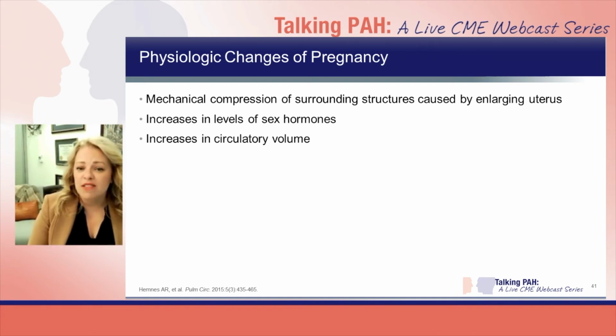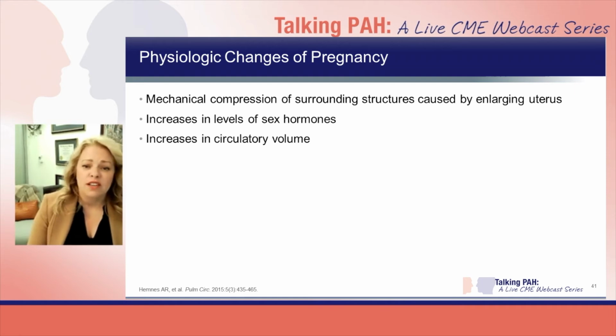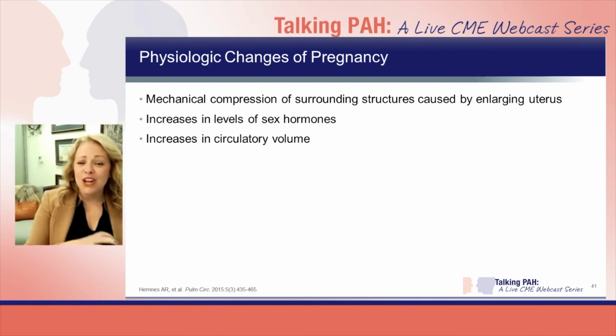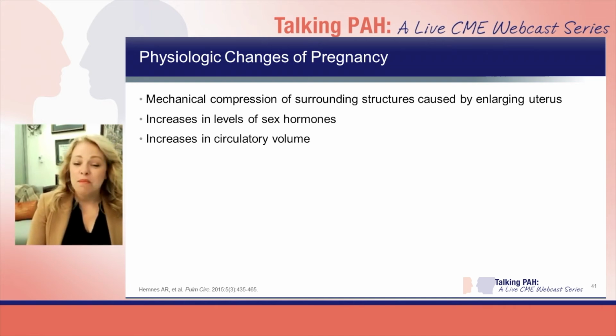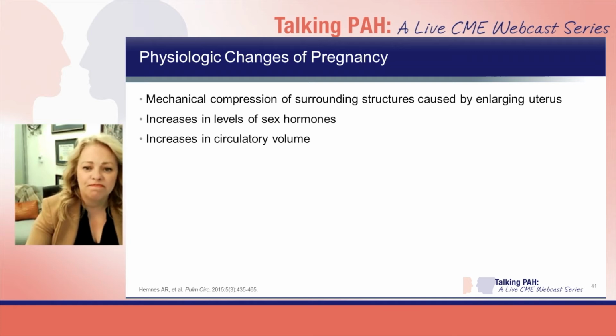There are also increased levels in sex hormones, which change the environment regarding certainly coagulation and other things, and it increases in circulatory volume. You hear us in all of our lectures about PAH talk about keeping our patients on the low end of euvolemia because the right heart tolerates that better, but that is not going to happen in a pregnant patient because that blood volume expands, and all of those things create challenges for a failing right heart.